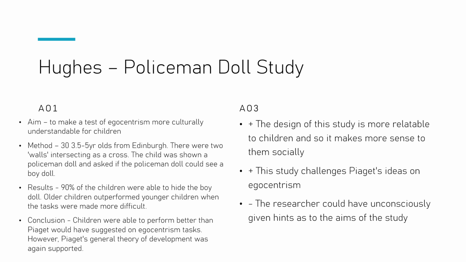We want to be able to test research, and it's good that we don't just take what Piaget said for granted. The negative is that there's some suggestion that the researcher could potentially have given away hints as to what answers they wanted, and so, again, is the method of the study completely sound and did it lead to solid results? That's still questionable.